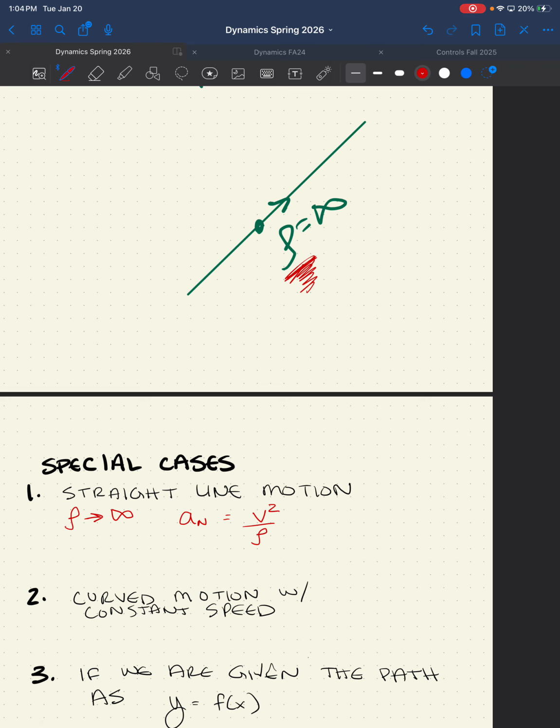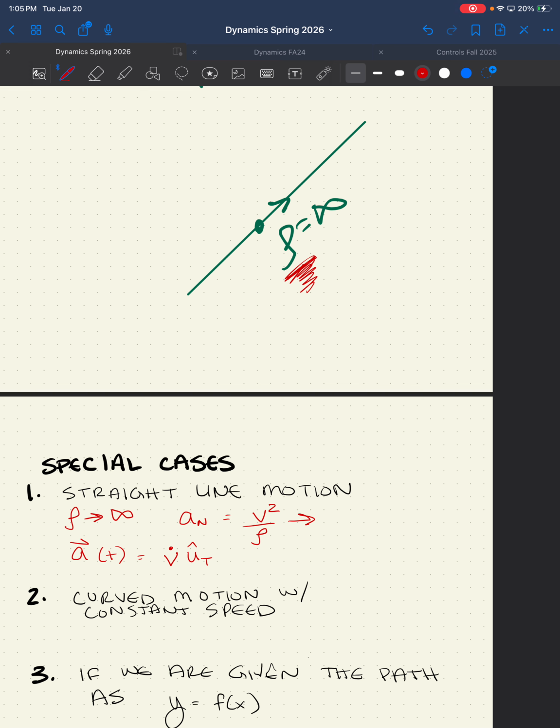Okay, last but not least, I'm going to give you the expression for the radius of curvature. Now, this is only going to be useful if we are given the path as y equals a function of x. I'm going to show you exactly what this means in the first example that we'll do, so I'm going to leave it at that for right now.